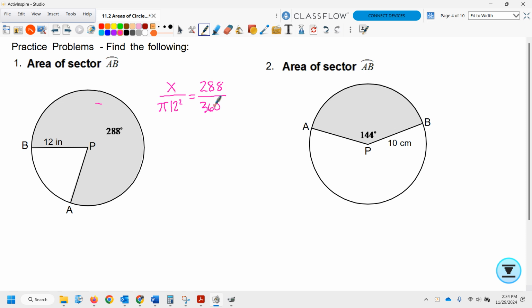Great. 360x. Pi times 12 squared times 288 is a big number. 130,288, and if I round to the nearest tenth, 130,288.1, divide that by 360.